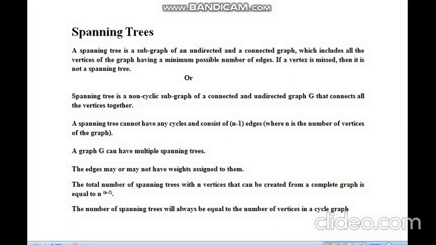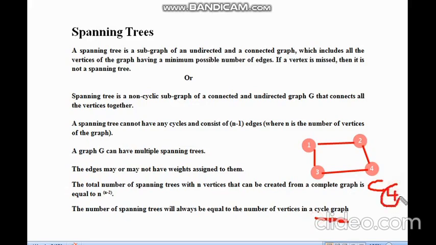For example, if the given graph is a cycle graph, like 1, 2, 3, 4, with 4 vertices, this is C4. If the given graph is a cycle graph, what is n here? 4 vertices. n spanning trees are possible.